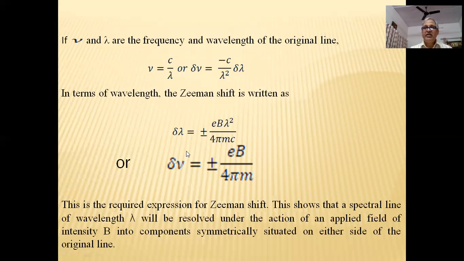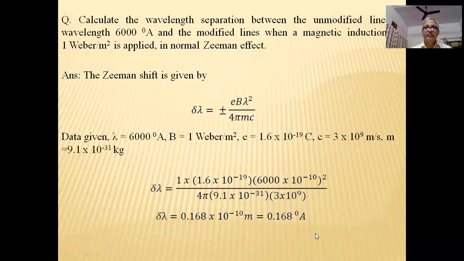And when written in terms of frequency, the Zeeman shift delta nu equal to plus minus eB upon 4 pi m. This is the required expression for Zeeman shift. This shows that a spectral line of wavelength lambda will be resolved under the action of an applied field of intensity B into components symmetrically situated on either side of the original line.